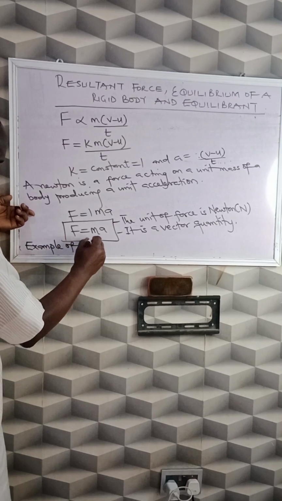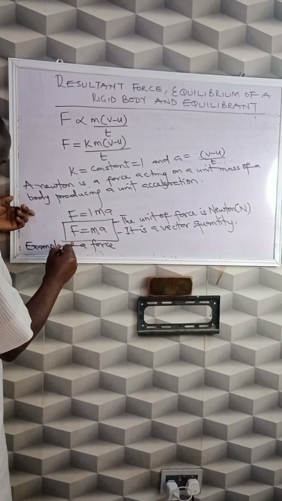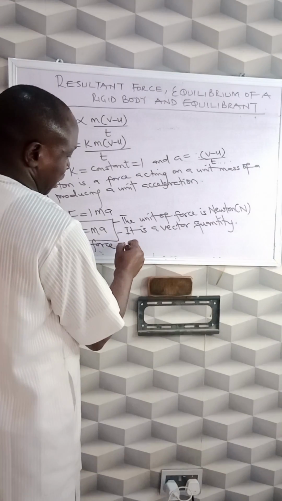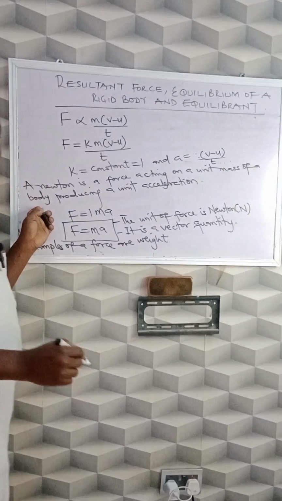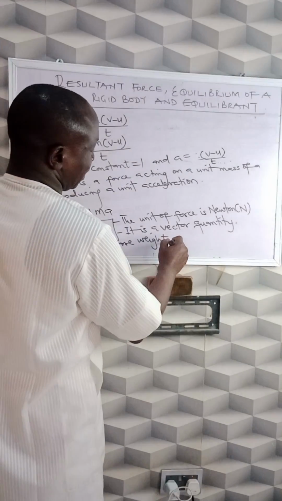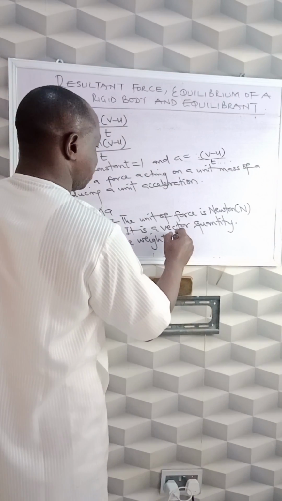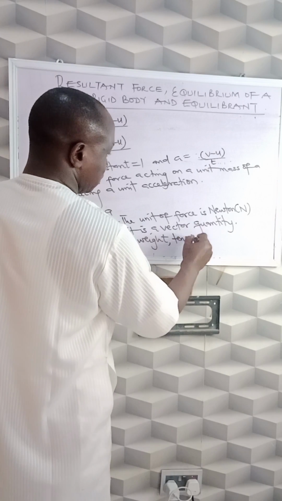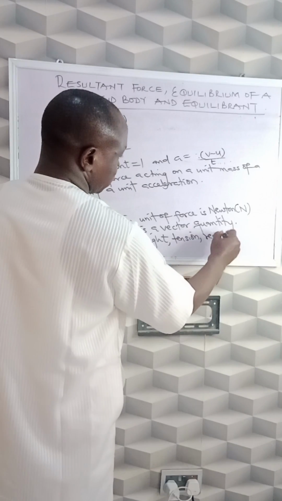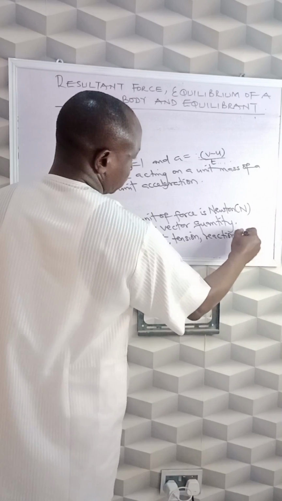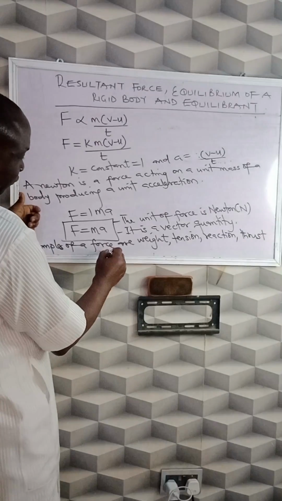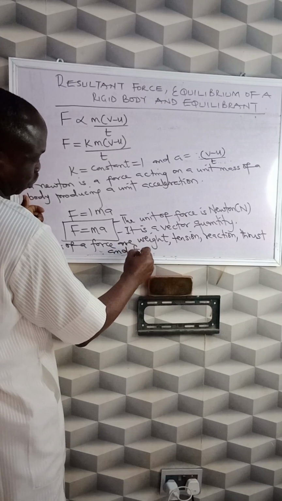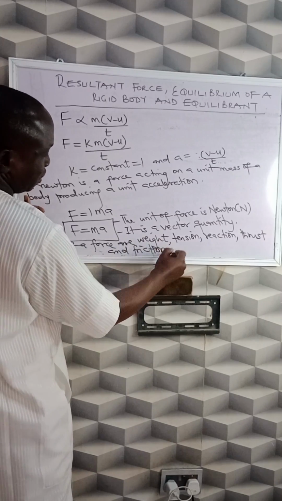Examples of a force are weight. Weight is a force. Tension is a force. Reaction is a force. Thrust, upthrust, simply thrust is a force. And friction. These are examples of a force.